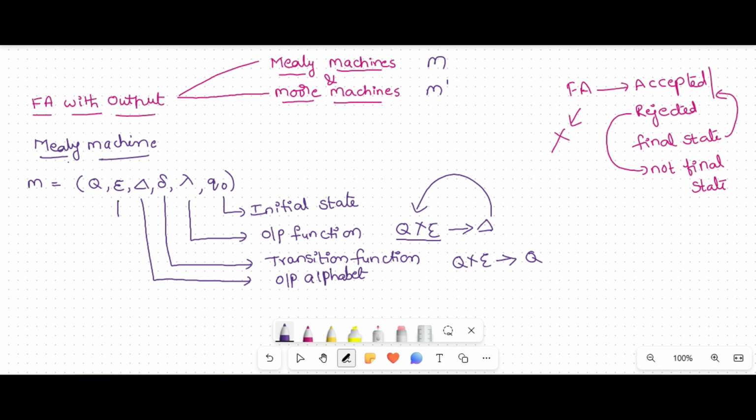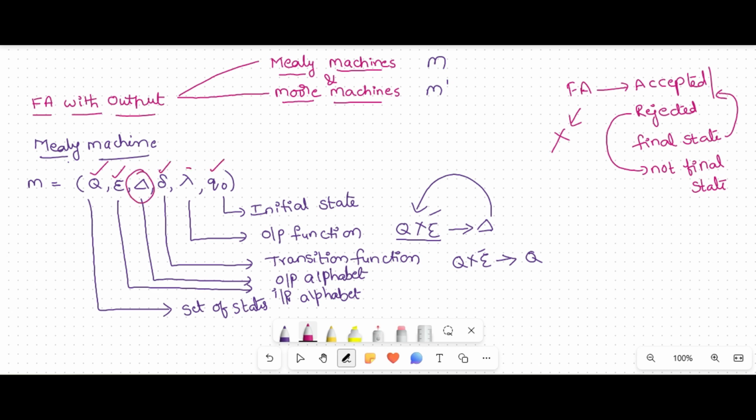This sigma is the input alphabet, and this is the set of states. These you already know from DFA or NFA. The difference here is these two: this is the output alphabet, and this lambda is how output is generated.